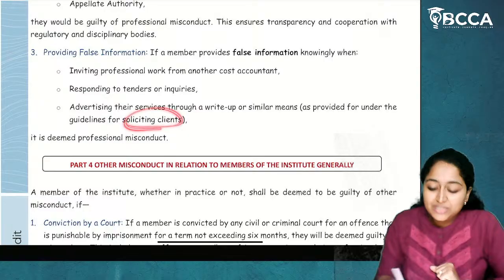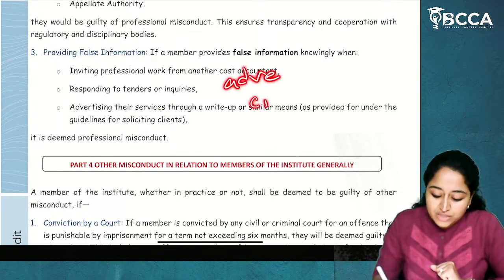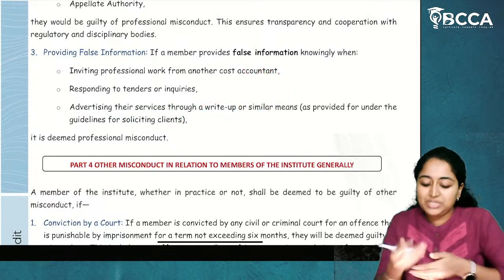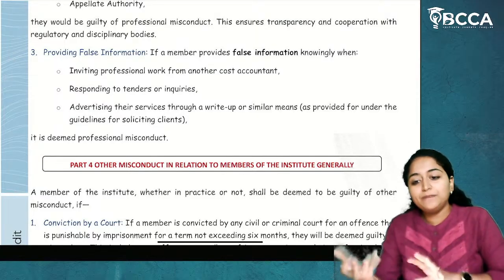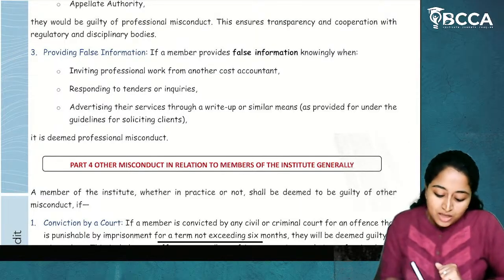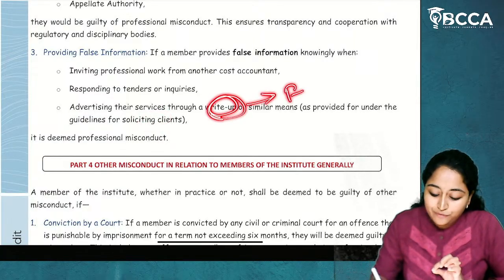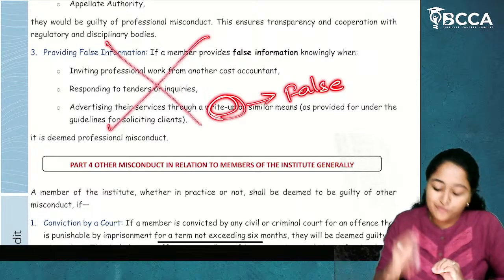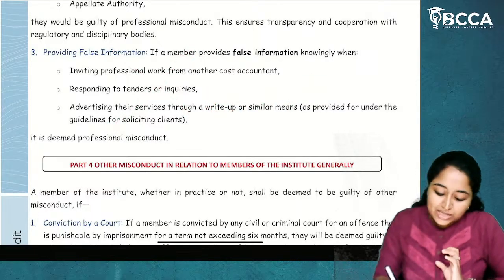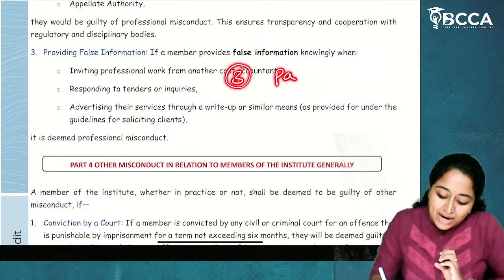For soliciting clients, you can't give advertisements, you can't give circulars, but you can give write-ups about yourself, you can write it and you can publish it. So you can do that. For soliciting clients, you will issue the write-up, and in this write-up, if you are providing any false information, then it is called a professional misconduct. These are the 3 points which are given under part 3.